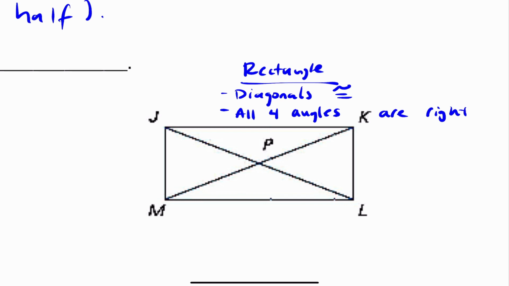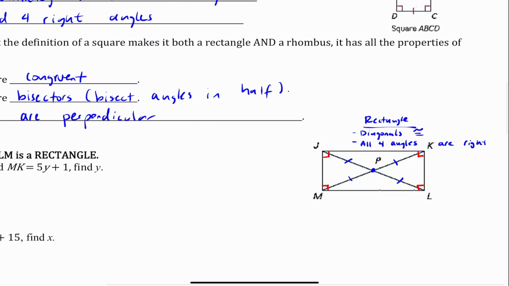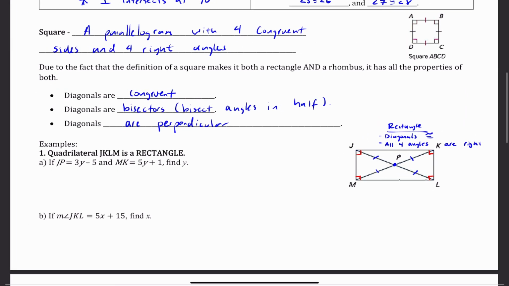So first of all, the diagonals, they bisect at a midpoint P. That means that this segment is congruent to this segment, and since the diagonals are congruent to each other, I only need to draw 1 tick mark for those segments each. And all of those angles are right, 90 degrees each. So I have everything marked. Let's go ahead and take a look at this.